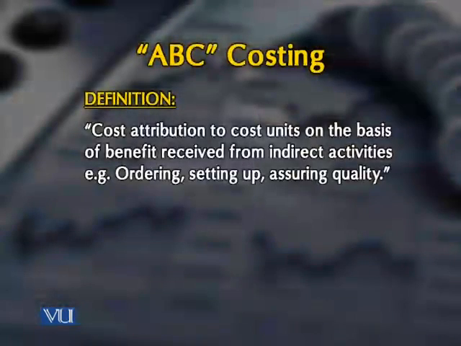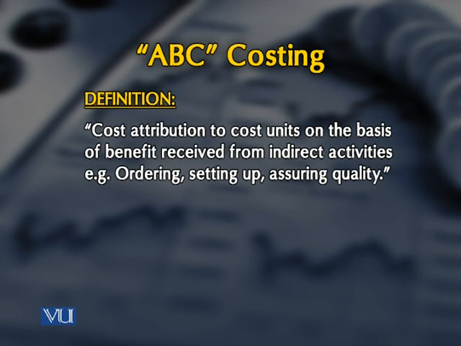First of all, let me give you the definition given by the Chartered Institute of Management Accountants about ABC costing. The definition is cost attribution to cost units on the basis of benefit received from indirect activities like ordering, setting up cost, assuring quality, and so on. So this is the definition given by the Chartered Institute of Management Accountants.